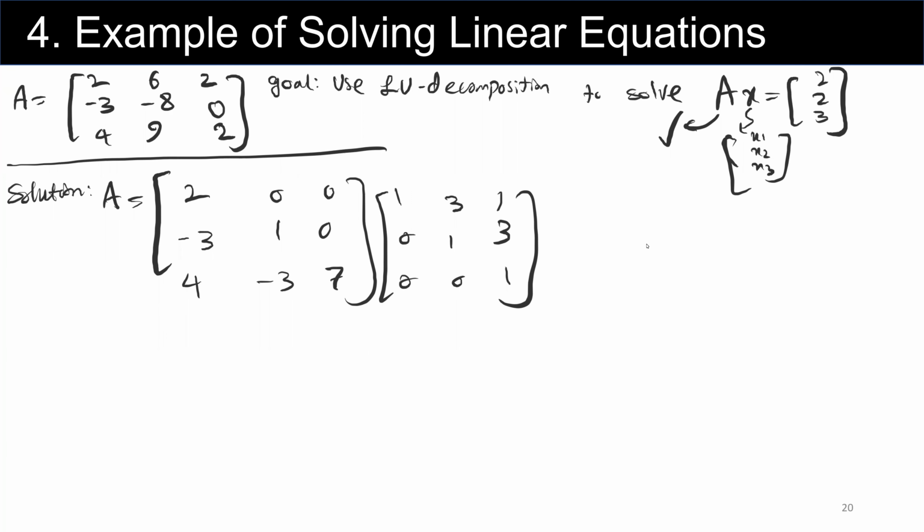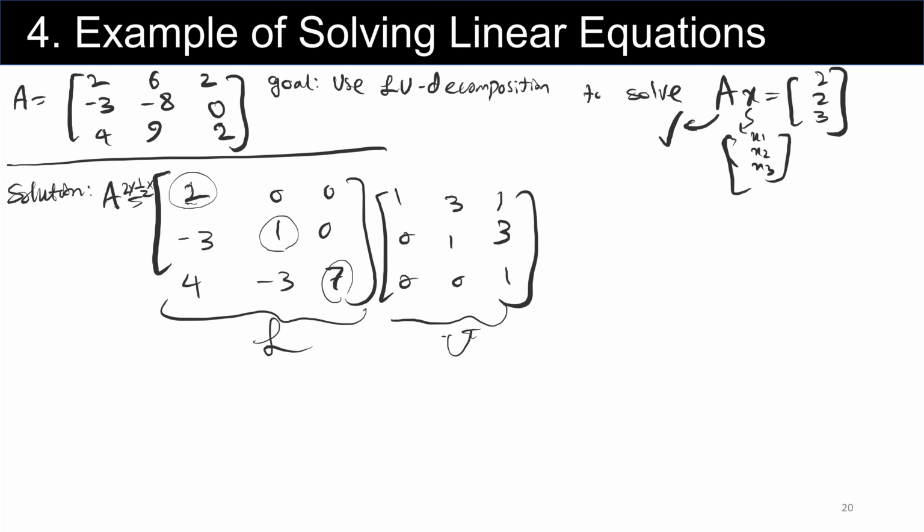As I mentioned before, usually we prefer L to have diagonal elements all equal to 1. But in this case, we have it for U. How can we switch this? We can simply multiply the first row of L by 1 divided by 2, and on the other side, we multiply the first row of U by 2 at the same time. So this changes the first row of L to 1, and the first row of U is multiplied by 2. This is not going to make a big difference, so at this point we stick to this.